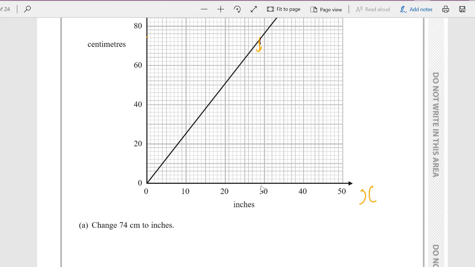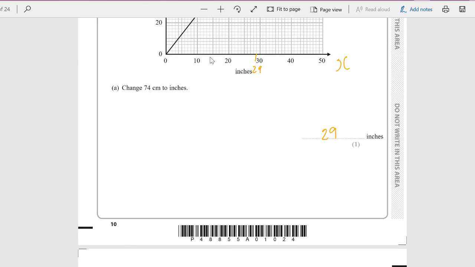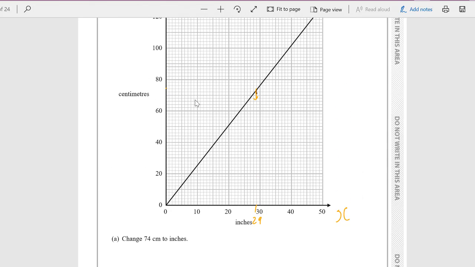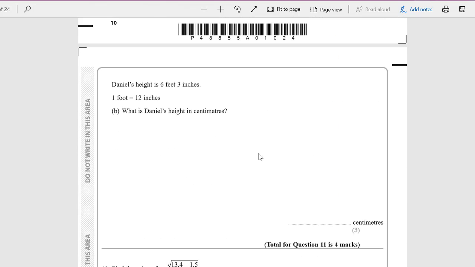So that is 29. Usually you'd have a ruler to make sure that you trace a straight line from the axis to the line, and then once again from the line to the axis. But just because my lines aren't straight on this, you can just follow the cursor and see that it works.